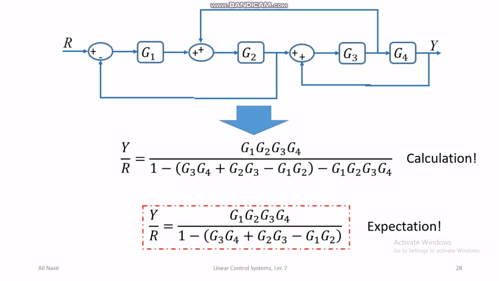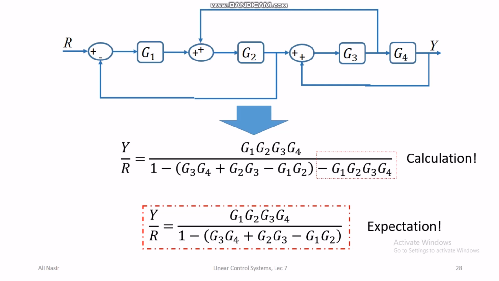If you look at the top expression, which we have just calculated, there is an extra term in the denominator, which I have captured in a thin red rectangle. So what is this extra term? Where does this term come from?